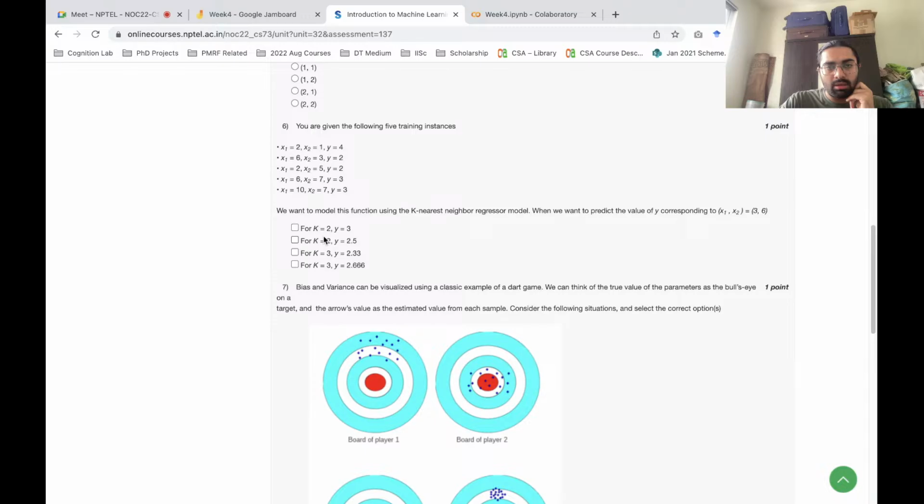Players 1 and 2 have high variance because you can see there is a lot more variability in the way they are playing, whereas 3 and 4 are not variable, I mean have less variance, but player 4 has high bias because it's missing the center dot by too much compared to player 3 and player 1.